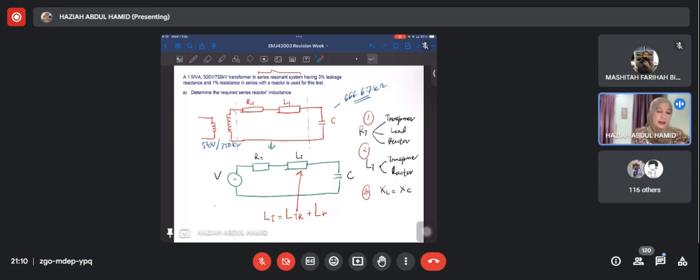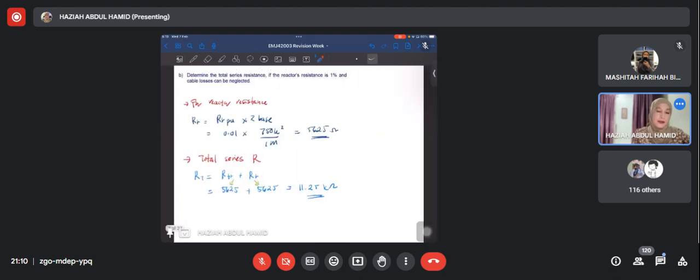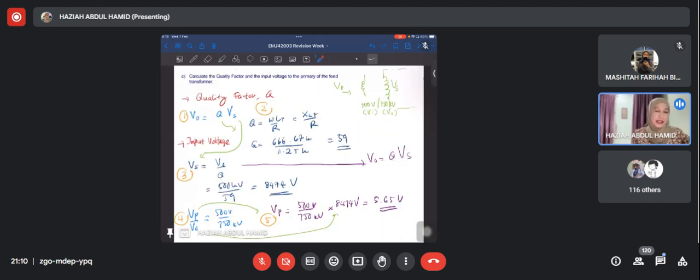Okay, so kita kena tahu what is the voltage here in order for us to know what is the corresponding input here by manipulating the transformer ratio here. Right? Okay, so saya tahu this is the relationship between input and output of our resonance circuit. VO is given by QVS. VO dekat output tu dekat C tadi, dekat test object. Okay. So Q is given by this formula, omega L over R.